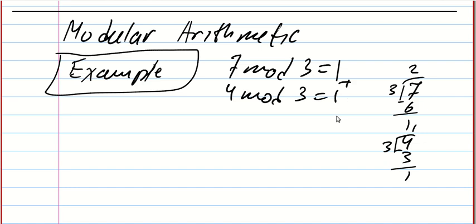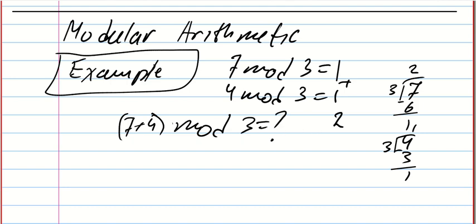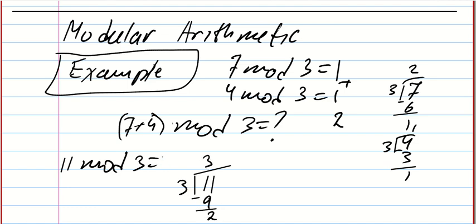So if you take 1 and add 1, you get 2. But also if you take 7 plus 4 and calculate it modulo 3, what would you get? 7 plus 4 is 11, and 11 mod 3: you divide 11 by 3, we can do it by hand, 3 times 3 is 9, we subtract, we get 2. So this is also 2. It just works, right?